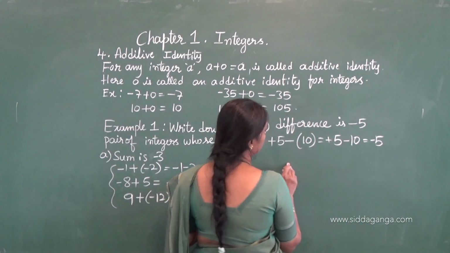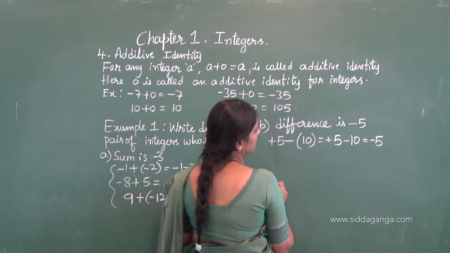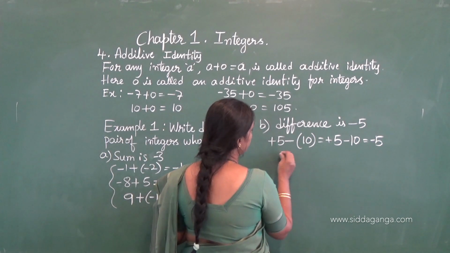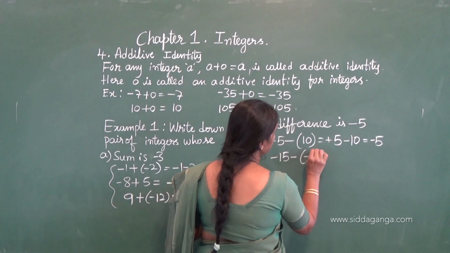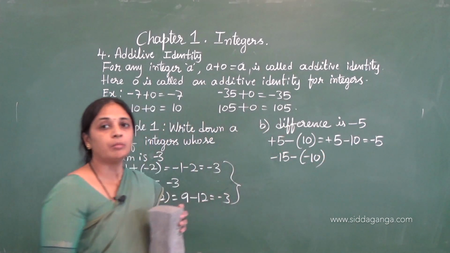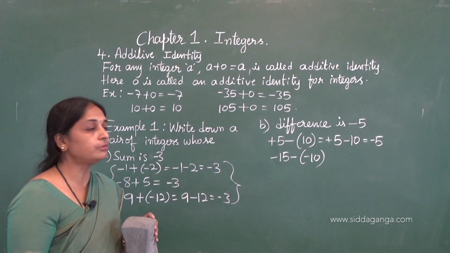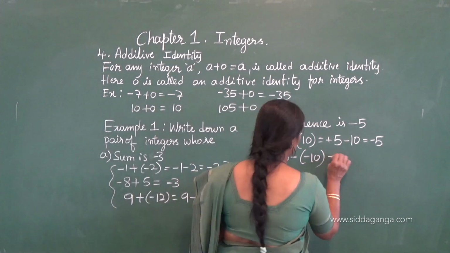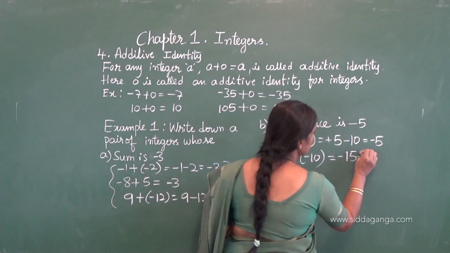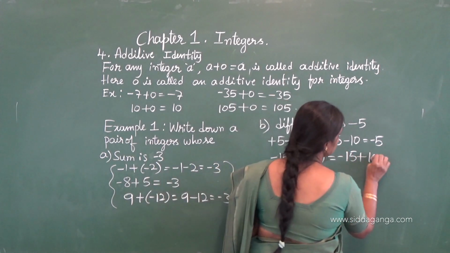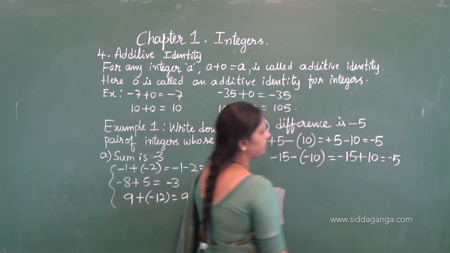Is there another form we can write? Minus 15 minus of minus 10, that is equal to minus 15, minus into minus is plus 10, we get minus 5.